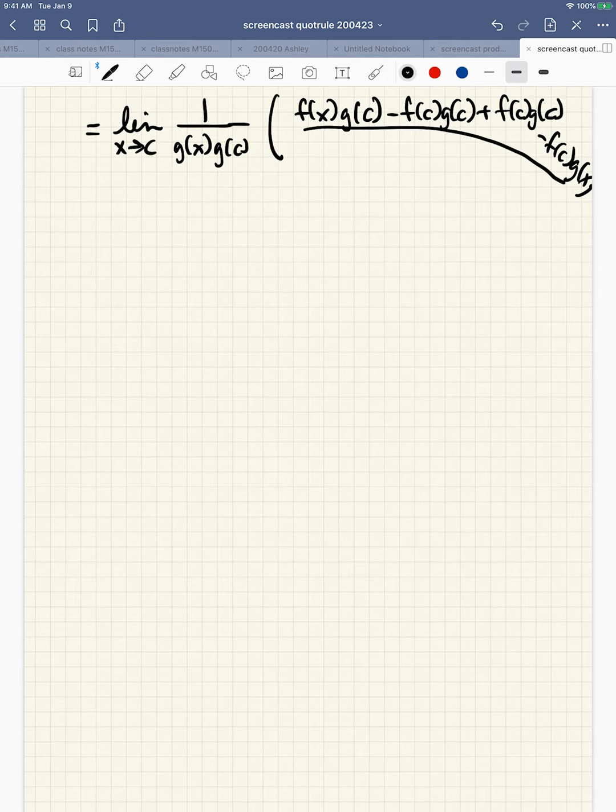That's all in the numerator, and downstairs is still this x minus c. There's a closing parenthesis over there. So what does that get me? Well, watch this. This is where I'm edging toward using the definition of the derivative.